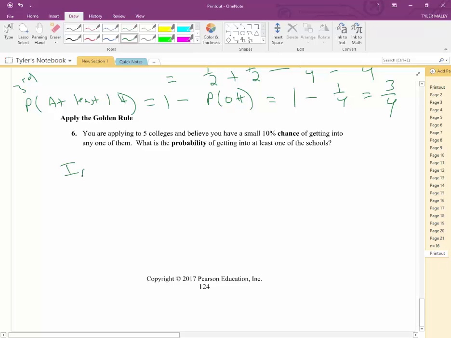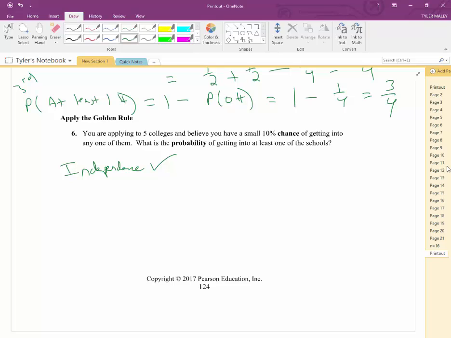I know I have independence because if I apply to 5 schools and get into one or the other, that decision doesn't influence the other school accepting me or denying me. So those are independent of each other.